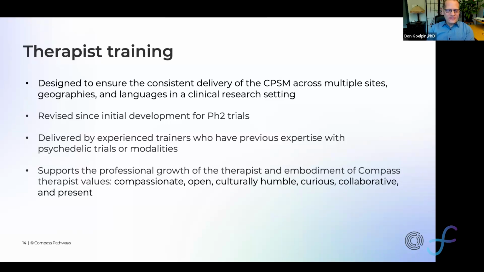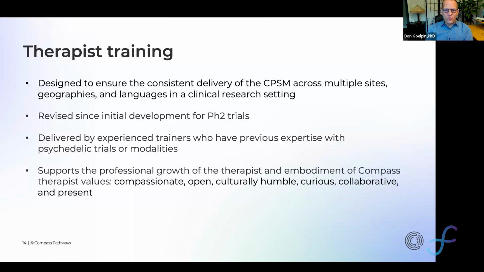The therapist training itself, we have a really wonderful group of mentors and trainers, most of whom have previous experience in either psychedelic clinical trials or training in different modalities, which is a hard commodity to come by from licensed professionals, although it's getting more and more common, thankfully. We also take a stance that supports the professional growth of the therapists themselves.